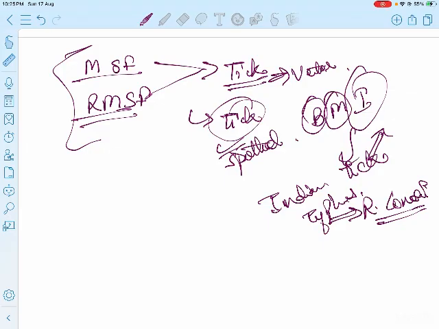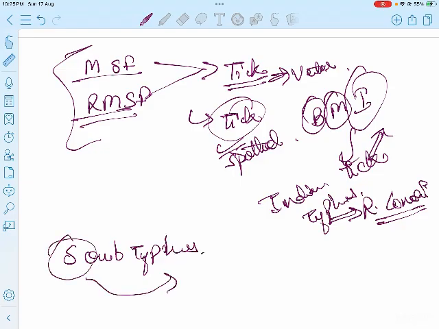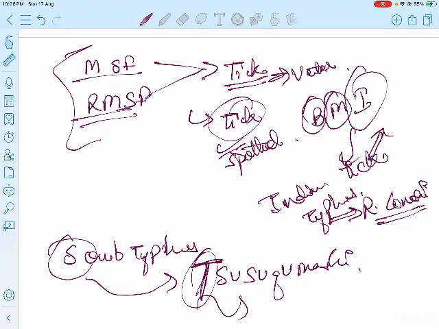Then your scrub typhus, I told you S for S. So it is caused by tsutsugamushi, which is very easy to remember. Most of us remember this most of the time because of this different kind of name. So then just put a T, which is actually there. So T is for T, trombiculid mite is the vector.